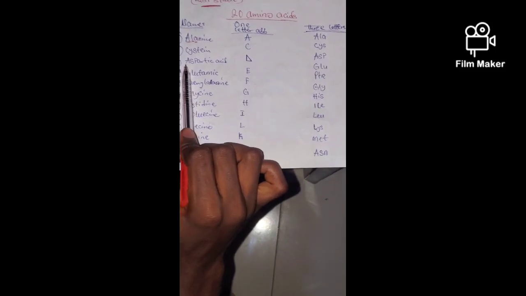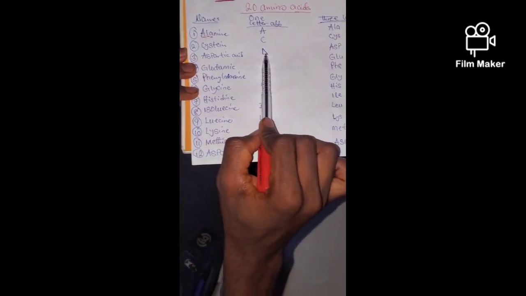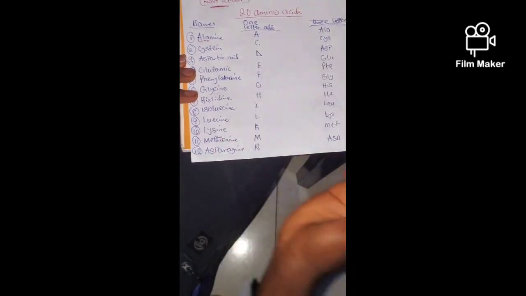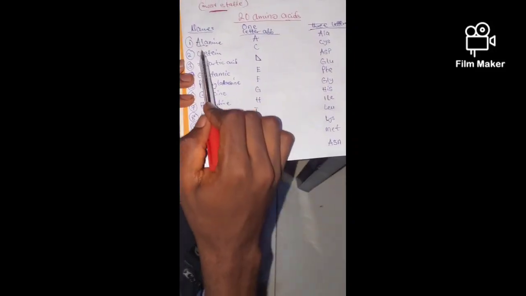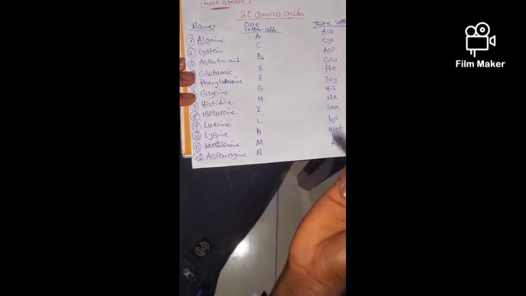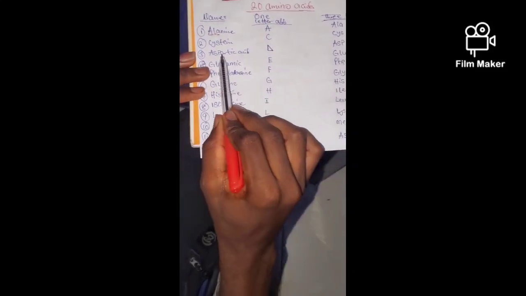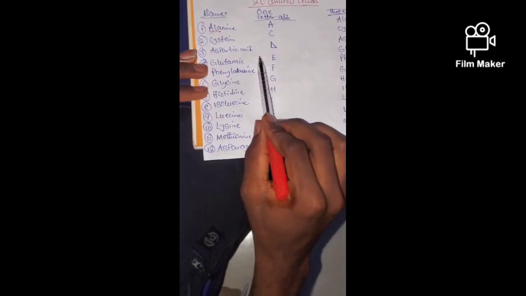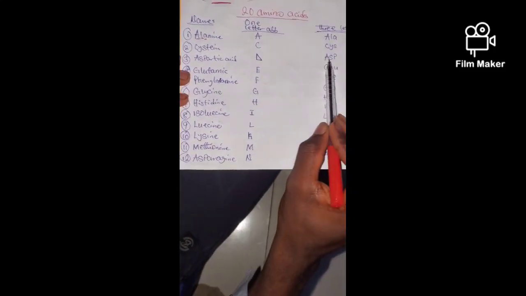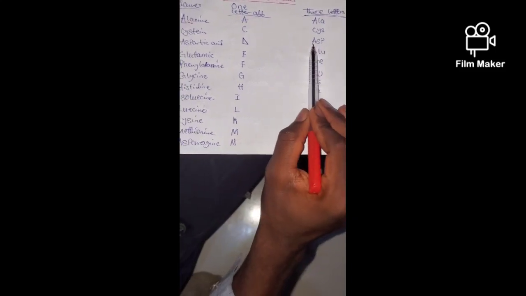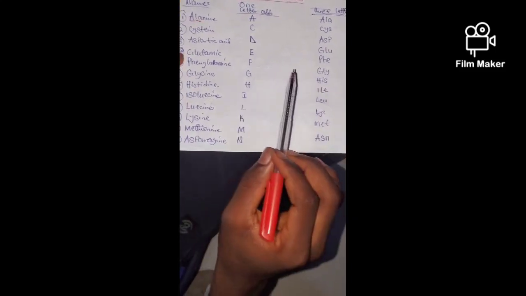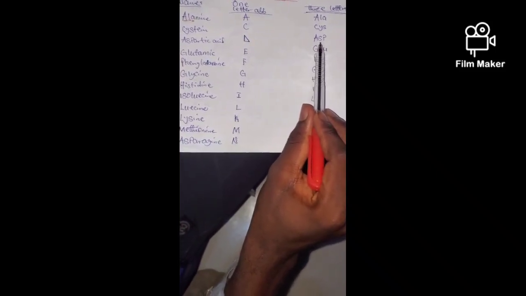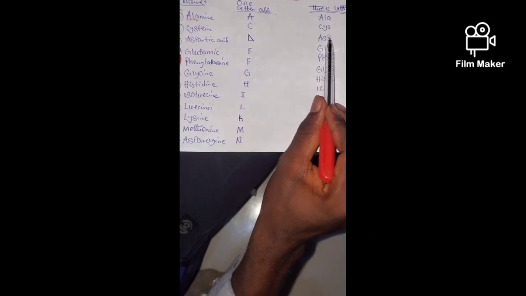We have A to start the name, and D as the first letter of the abbreviation, while other amino acids start with A. This one does not obey the order of the alphabet. All right, so the three-letter abbreviation for it is ASP, for aspartic acid.